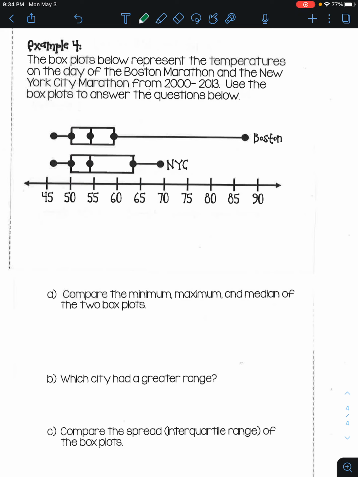It says compare the minimum, maximum, let me use the highlighter, minimum, maximum, and median of the two box plots. Okay, so we just did. We said that the minimum, they are the same.